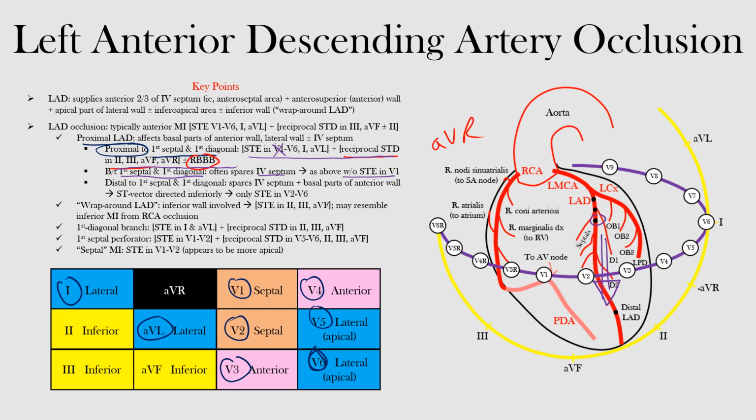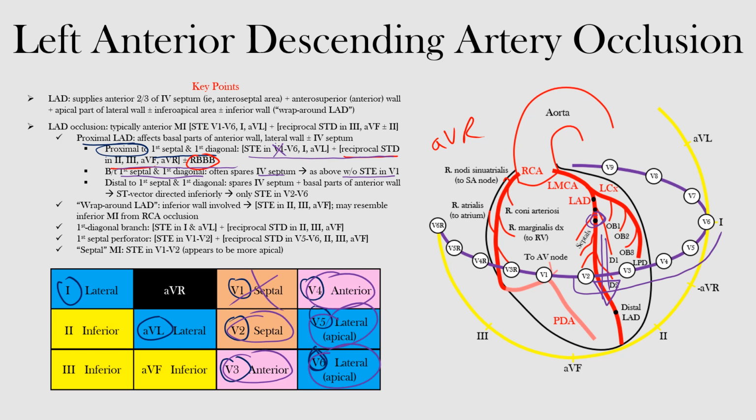And because it's going more inferiorly, we're not going to see the reciprocal changes in those inferior leads or in AVR as well, okay? We're going to see ST elevation in leads V2 through V6, all right? So we're getting in this region here, V2 through V6. So here's V2, V3, V4, V5, and V6, okay? And not in V1, okay?